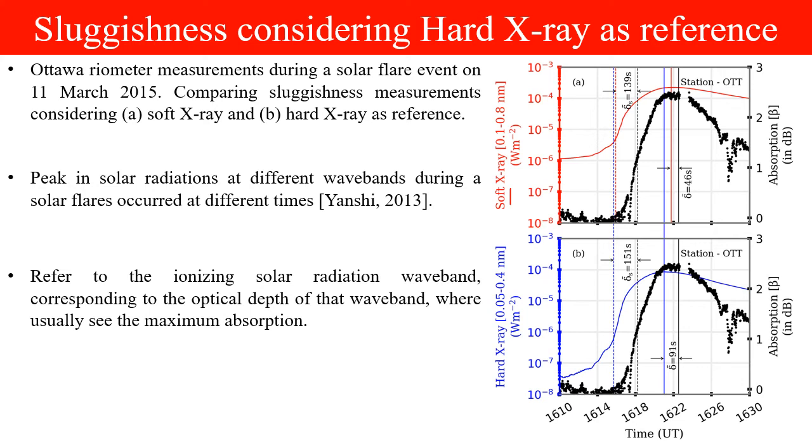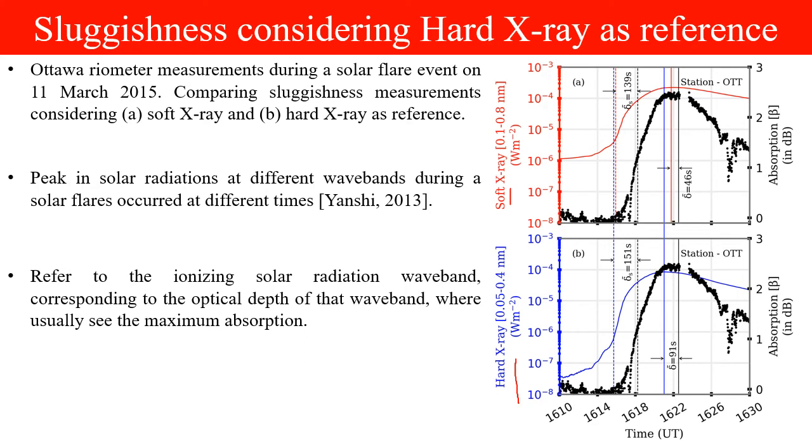The red line shows the peak in the solar X-ray flux, and the black line shows the peak in the riometer data. But what we did is we also used the hard X-ray from the GOES X-ray sensor data to find out what the peak value and the sluggishness would be if we use the hard X-ray as reference data.